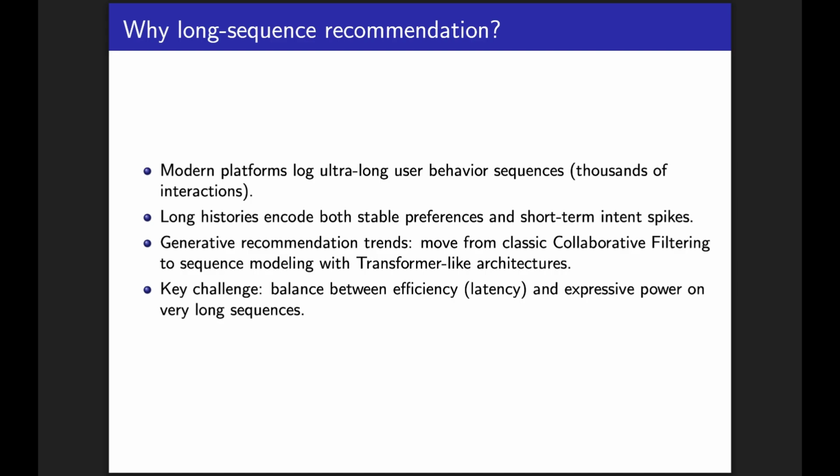Because this long history, the whole history of events that we have per user, encodes not only the more or less stable preferences of certain users, but also the short-term spikes, meaning those moments, periods where the behavior slightly differs from the average.